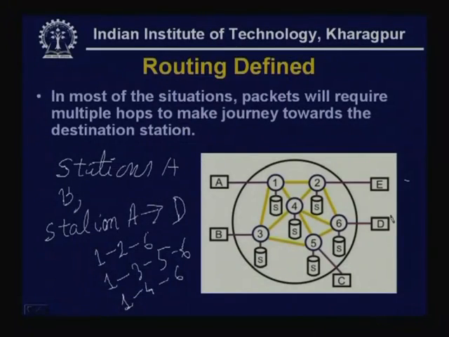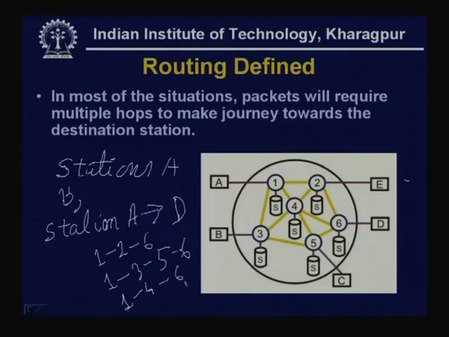The question arises, which route is the optimal? At a particular instant a particular route may be efficient. In other words, it will be better to send through a particular route, and maybe at the next moment, because of node failure or congestion, that particular route may not be possible. So, we may have to send through an alternative route.